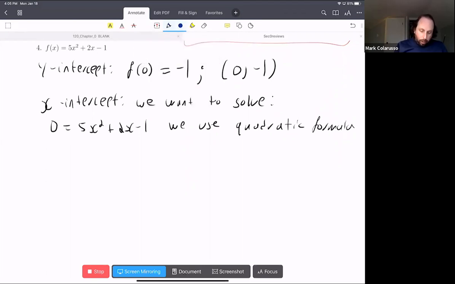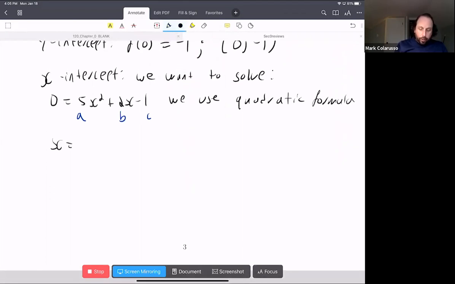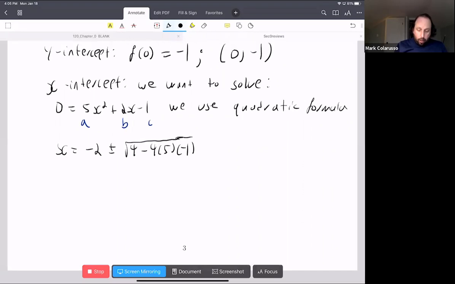Remember in the formula, this is the a, this is the b, and the c. So x is equal to minus b, which is minus 2, plus or minus the square root of b squared, so it's 4, minus 4 times 5 times c. But now the c is minus 1, so it actually does matter to have the negative sign there, all over 2a, which is 10.